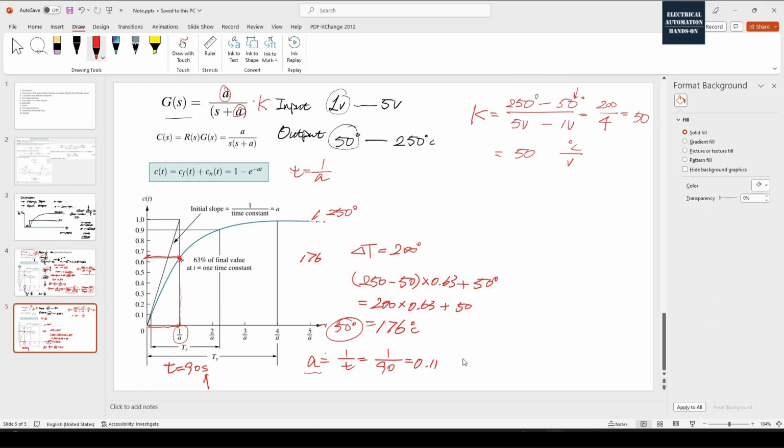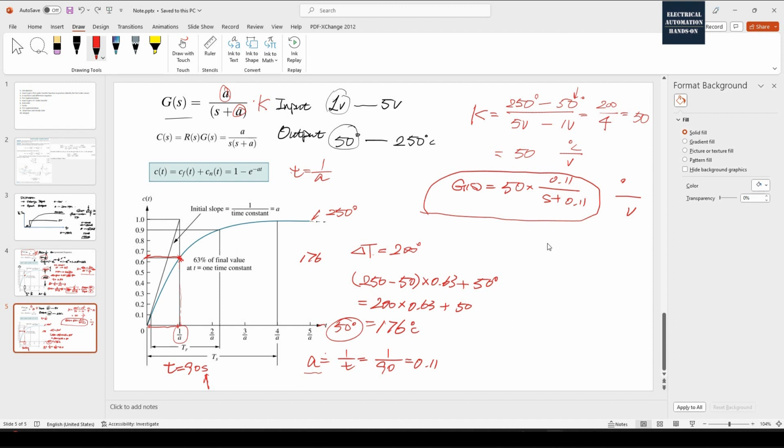So then eventually this G(s), this transfer function, is equal to 50 multiplied by 0.11 over (s plus 0.11). So this is this temperature system transfer function. And here we need to be very careful. While we are using this transfer function, the input must be the voltage and the output is centidegrees.